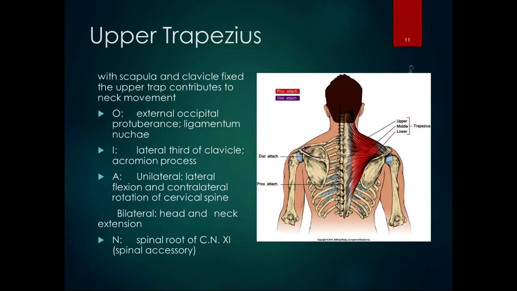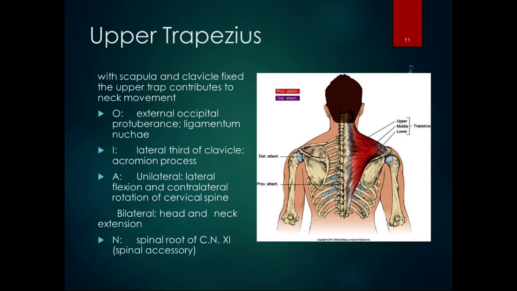The upper trapezius we talked about in the shoulder chapter, of course, because it has a lot of action on the shoulder girdle. This is just a review of the origin, insertion, action, innervation, and you probably already know this. Well, you should already know this.